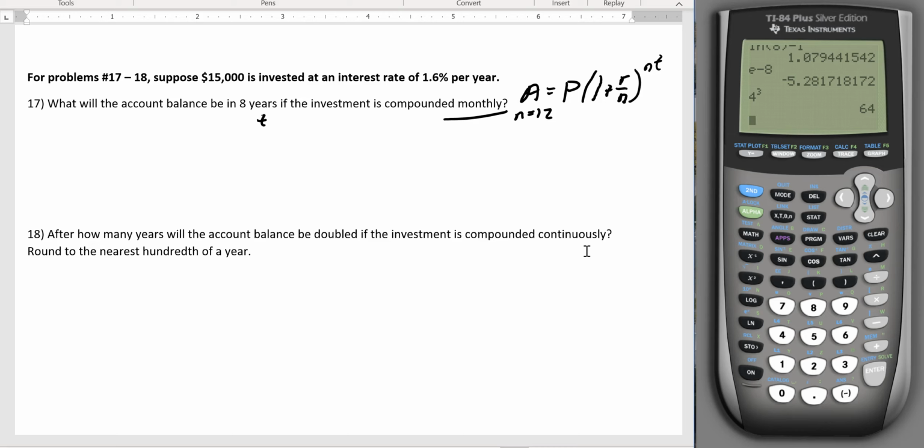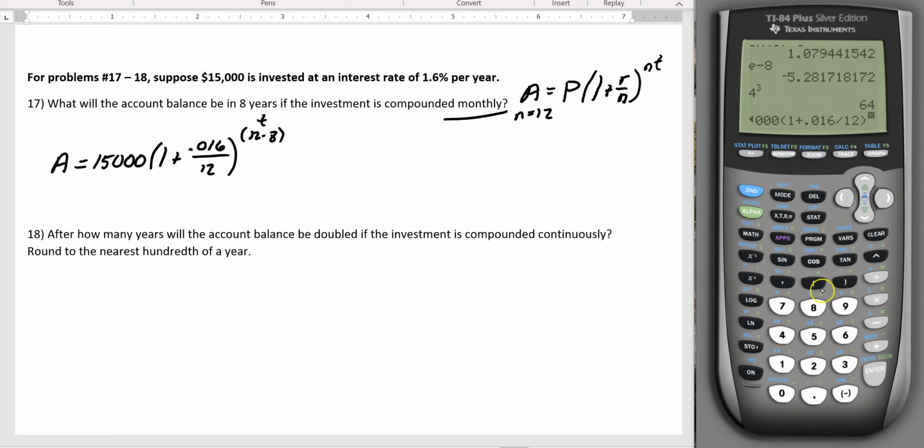So all they want to know is the final value. So A will equal the principal, the initial 15,000, times 1 plus my rate as a decimal, 0.016, over n, which we just said was 12, to the 12 times 8, nt. And this is nice. I can pretty much just put this right in my calculator. 15,000 times (1 plus 0.016 divided by 12) to the power of 12 times 8.